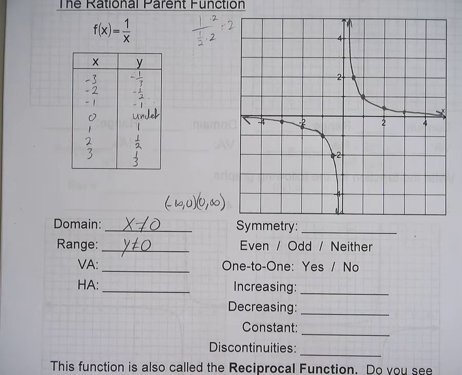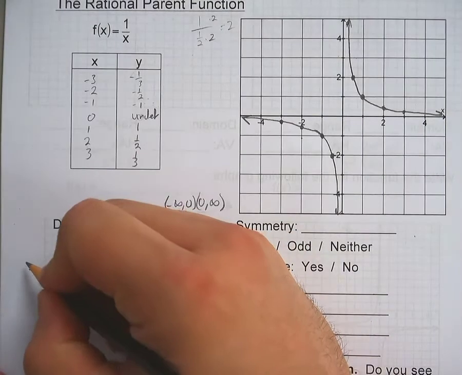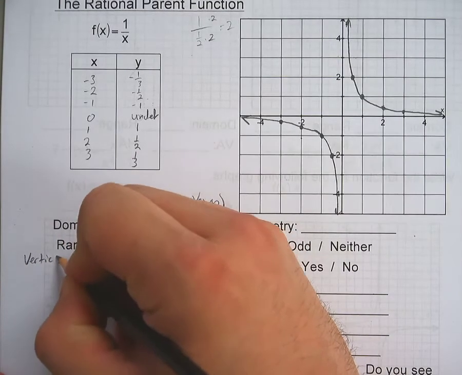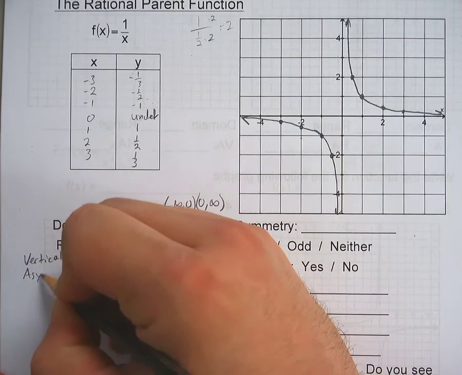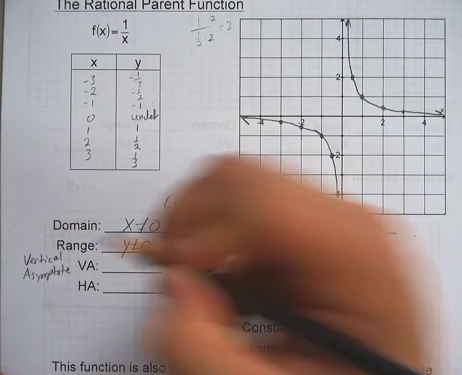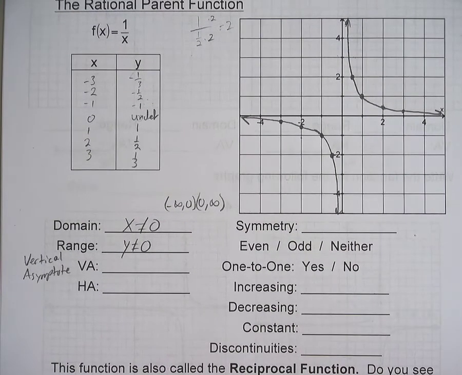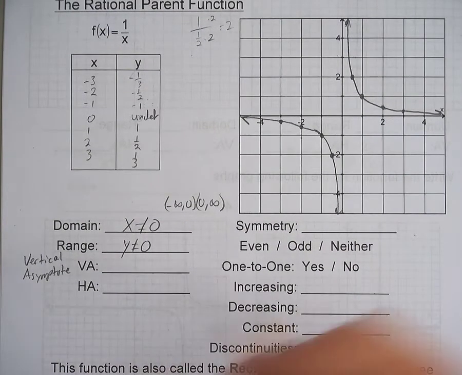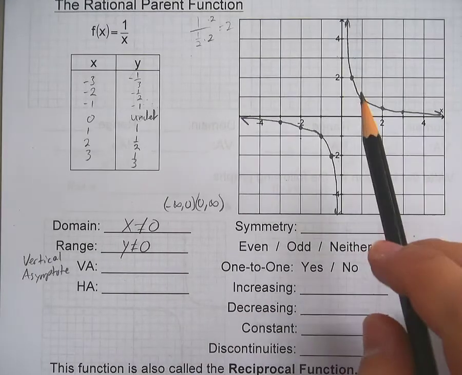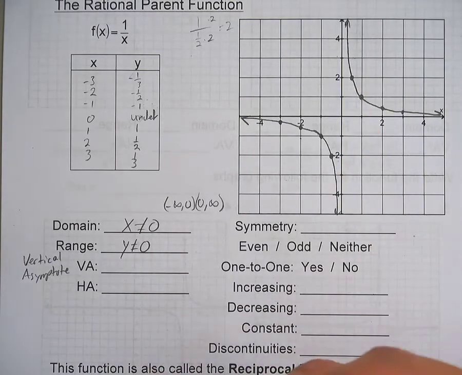Then we've got VA and HA. Now VA is a vertical asymptote. You did learn about these in Algebra 2, so this is just going to be a review. Vertical asymptotes are a vertical line where you cannot touch.